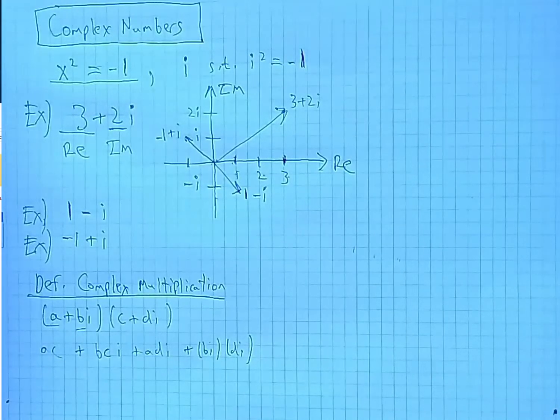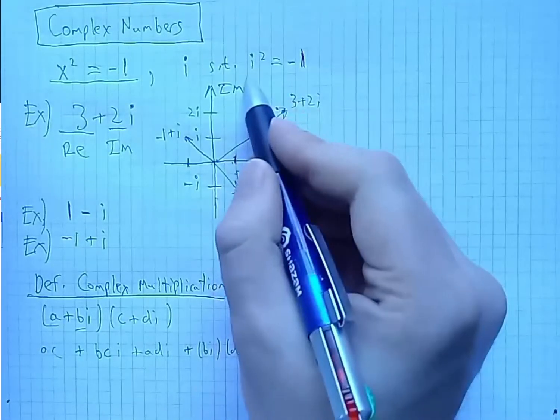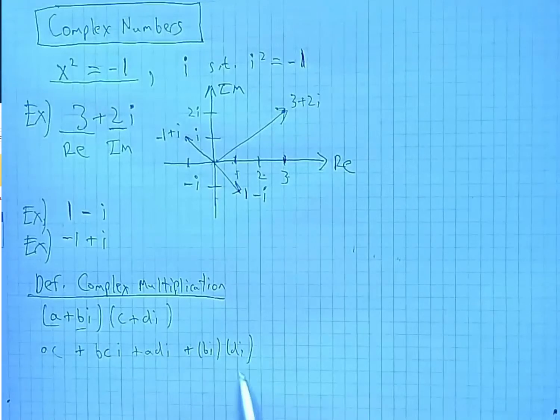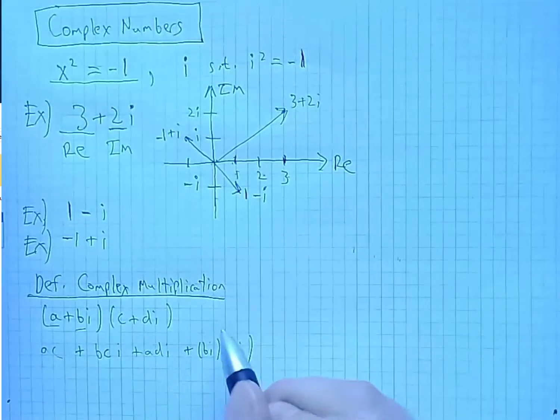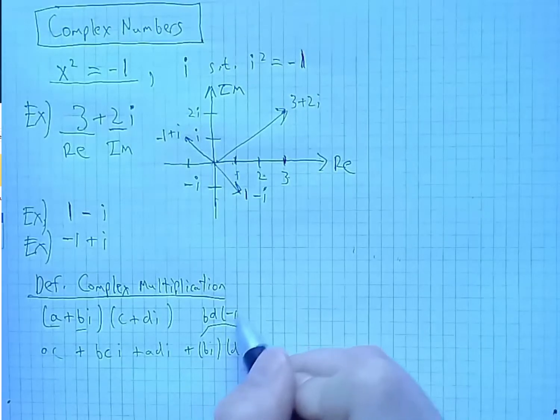Now I can simplify this a little bit because remember, i times i is -1 by definition. So I can actually write this term as b times d times -1, or just -bd.